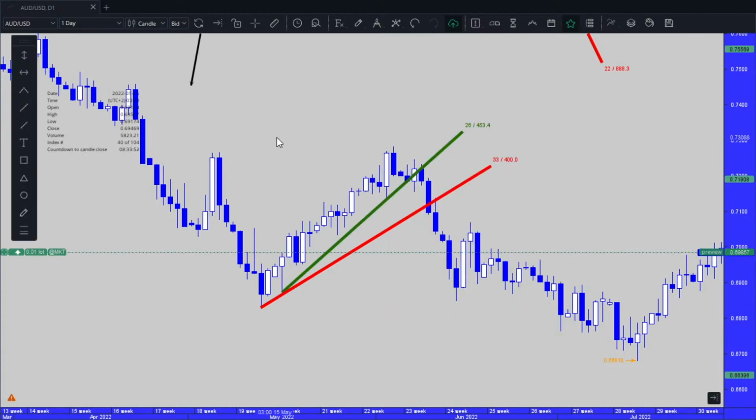Is the red the counter trend line, or is the green the counter trend line? Oh, but the market was falling. Doesn't matter. Which one is the counter trend line? The red? You need to pick one, right? And counter trend line just one. Which one is the counter trend line?